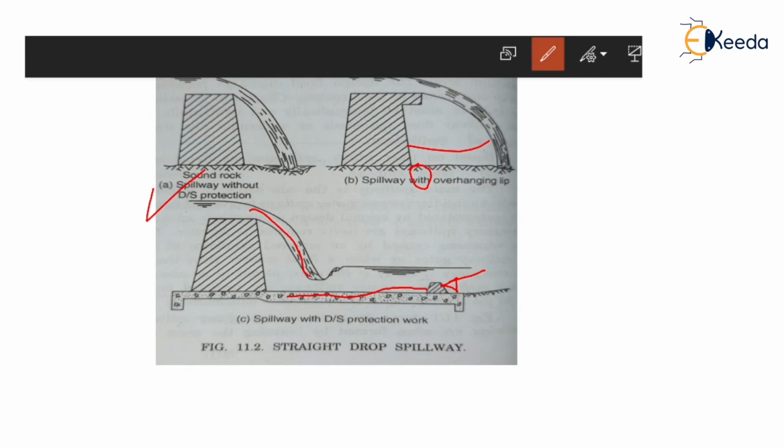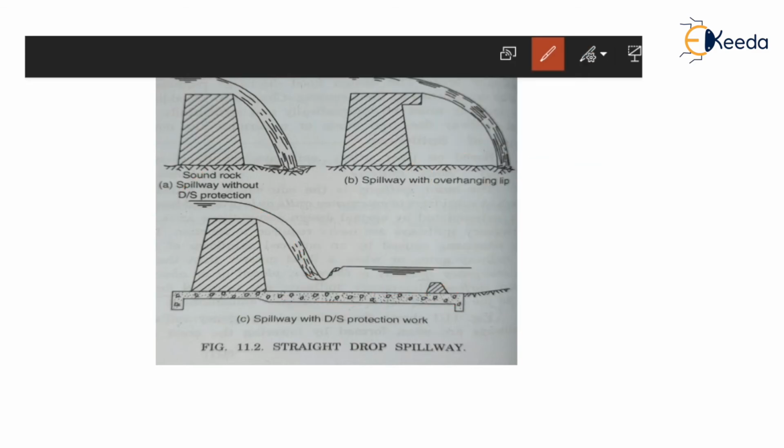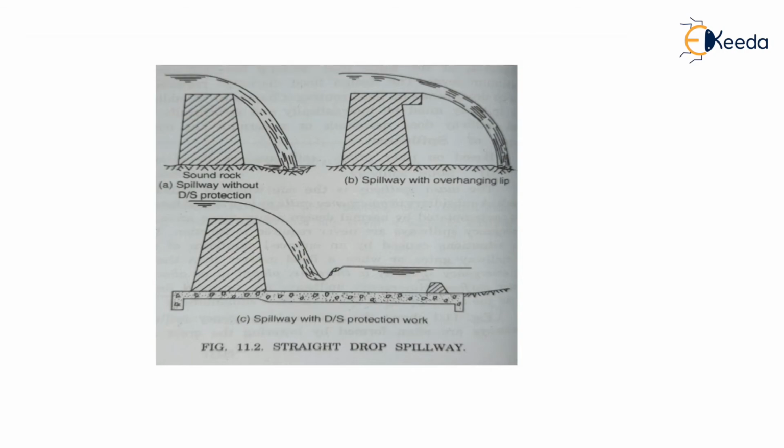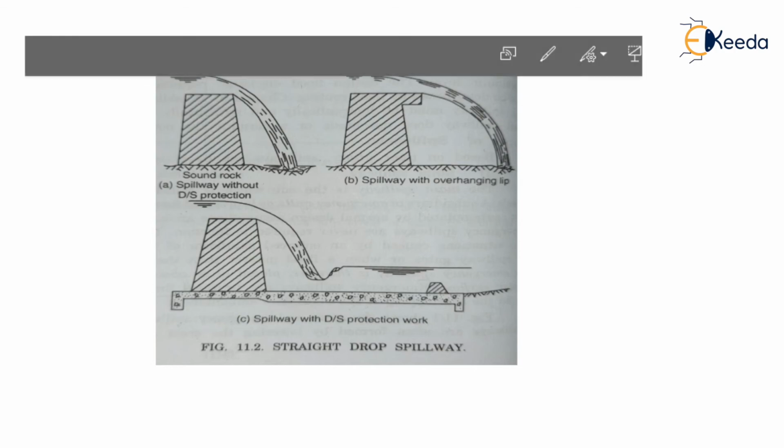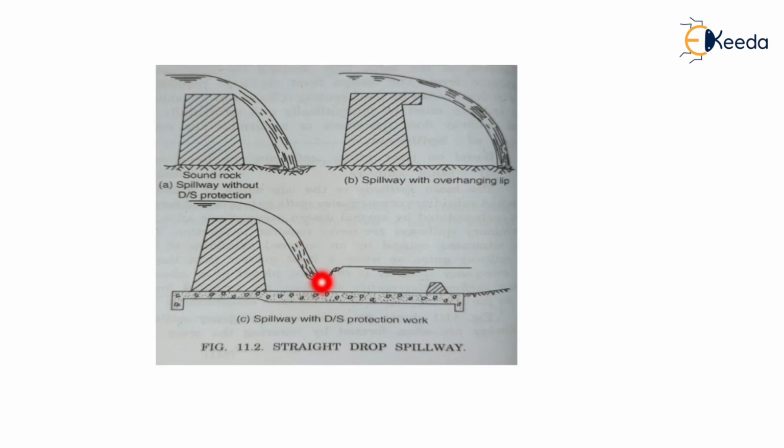Here you can see the impact block basin, and the impact blocks will be provided, and this whole channel or bed will be constructed with rigid material, with concrete. So the water carrying the kinetic energy will dissipate on this and continuously give pressure on this section, and after forming a hydraulic jump, the water will rise, and after reaching the block level, again the energy will be dissipated and it will safely discharge onto the natural river flow or the downstream section.